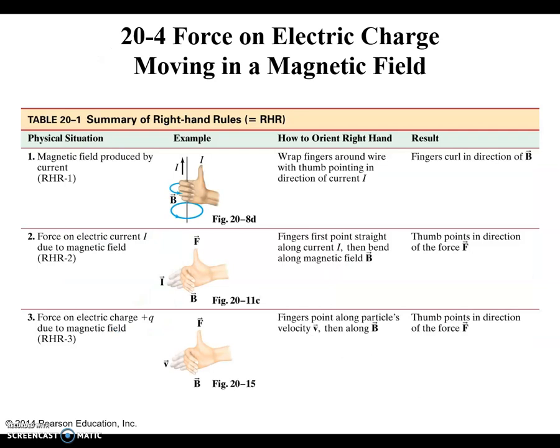All right, let's finish up this video by summarizing our right-hand rules. We saw in our first video that if you have a current running through a wire, you point your right-hand thumb in the direction of the electric current, then your right-hand fingers will naturally curl in the direction of the magnetic field.